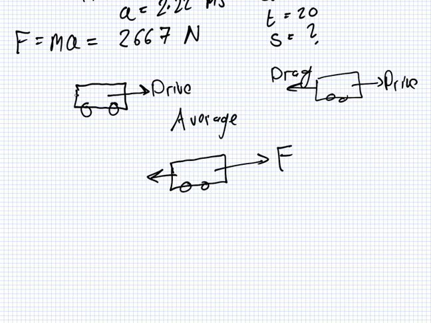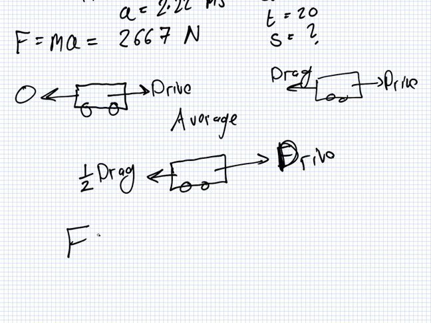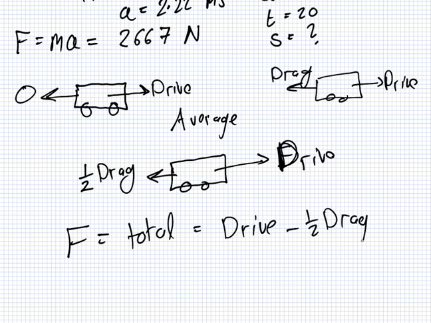At the beginning, the drag is 0. At the end, the drag is drag. So on average, it's like a half drag. That F is the total force, which would be drive minus a half drag.